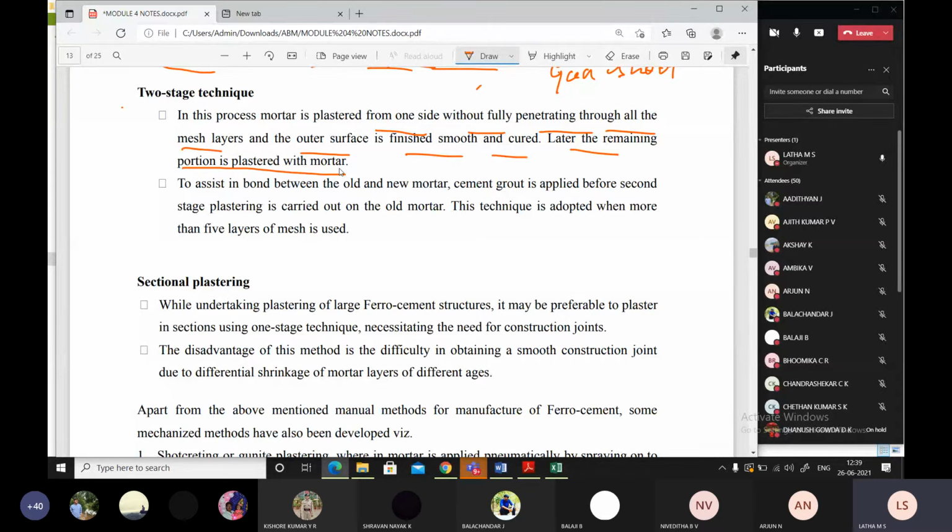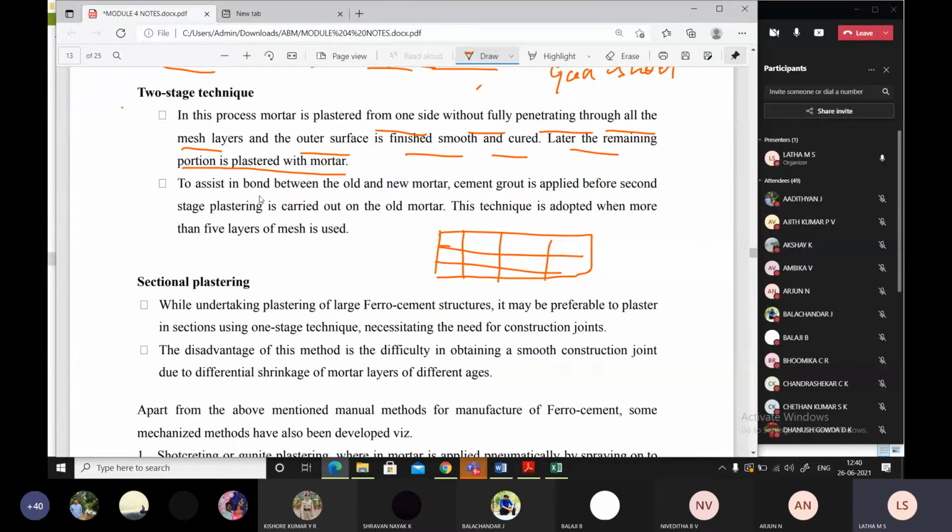Sometimes you can start the meshing on the skeleton, whatever you have, the steel skeleton. You can start the plastering in different ways. There are different ways of plastering the corners or the mesh. So sometimes you can start from the inside, sometimes you can start from the corner. So depending upon the need, you can start doing it. But ultimately, every corner of the mesh has to be completed, has to be mortared.